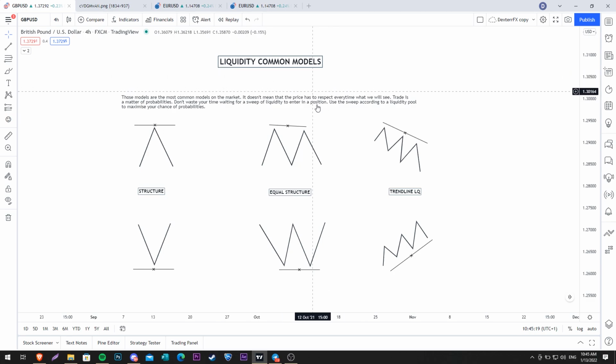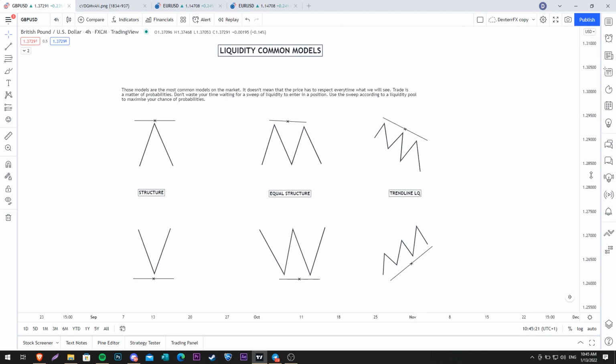you don't have to try to anticipate a sweep of liquidity like that. It's not fair for your trading to wait for another block here and set a sell limit just here.